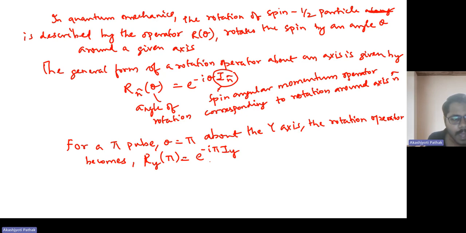Now let us consider the angular momentum operator for a spin half system.